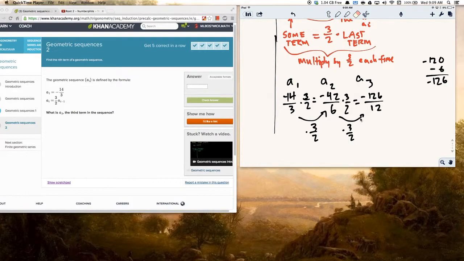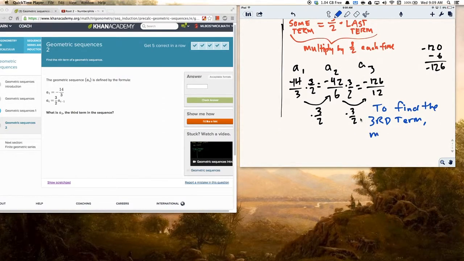So if I want to get to the third term of this sequence, what I want to notice is, and I'll write this in a slightly different color, to find the third term, multiply by 3 halves, 1 time, 2 times, so 2 times.